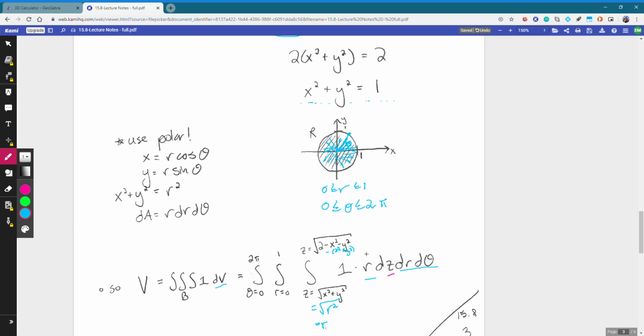And we can do the same little substitution here. So this becomes root 2 minus r squared. And so with that as our upper limit and this as our lower limit for z, this is now fully set up in terms of our cylindrical coordinates, and we can go ahead and compute this thing.